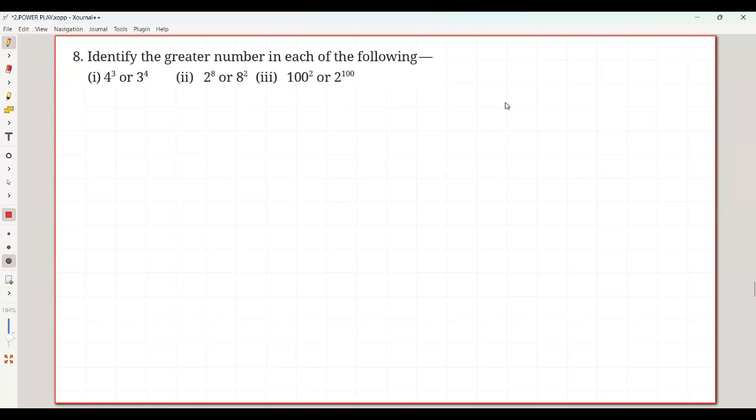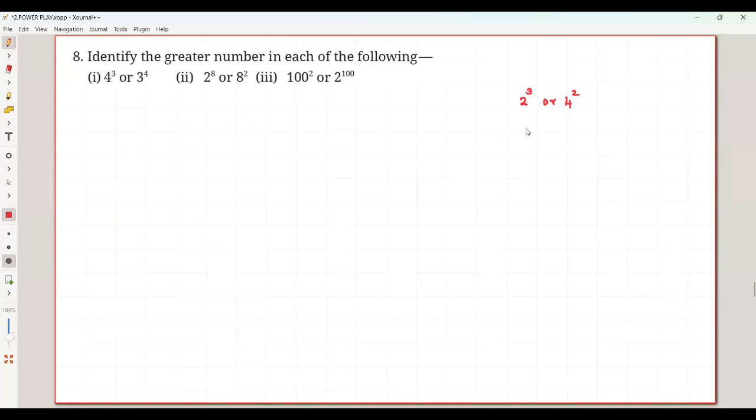For example, if you want to compare 2 power 3 and 4 power 2. 2 power 3 is 8. In this case, if you are comparing the power, this will become wrong. Why?